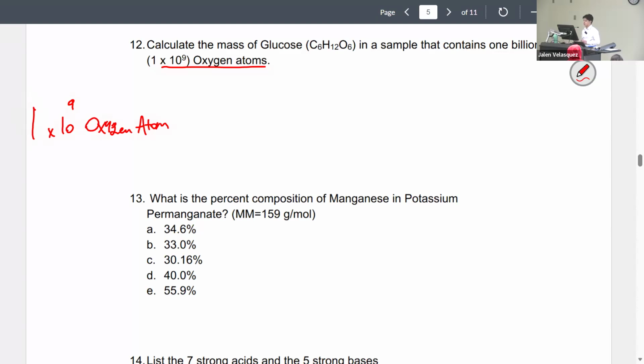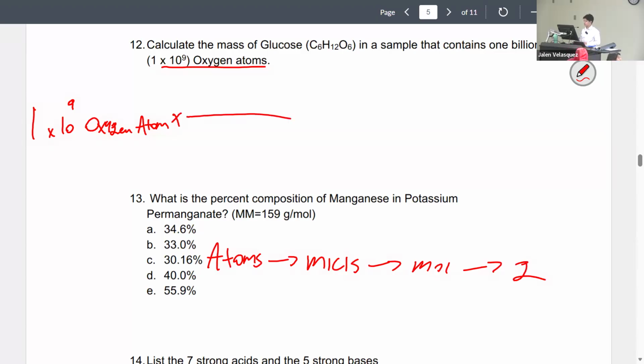So what did I say the roadmap was? Atoms to molecules to moles to grams. Okay. So let's do this jump from the atoms, which we wrote down, into the molecules. So atoms I want to cancel off, and I want to solve for the molecules, right?